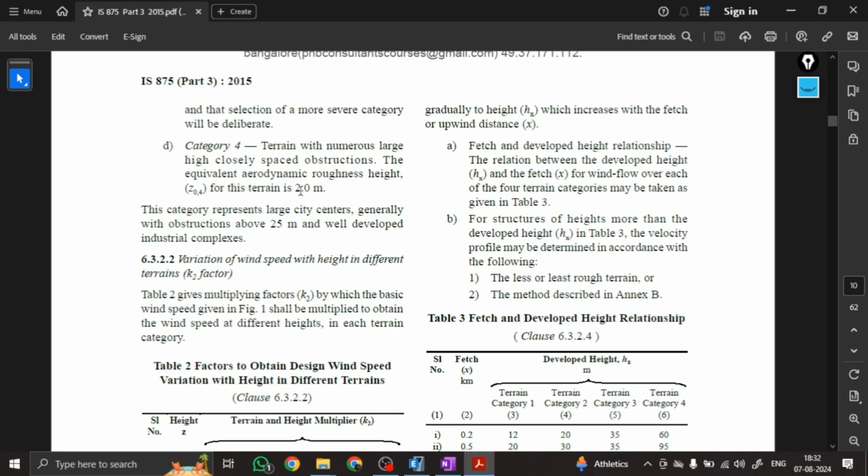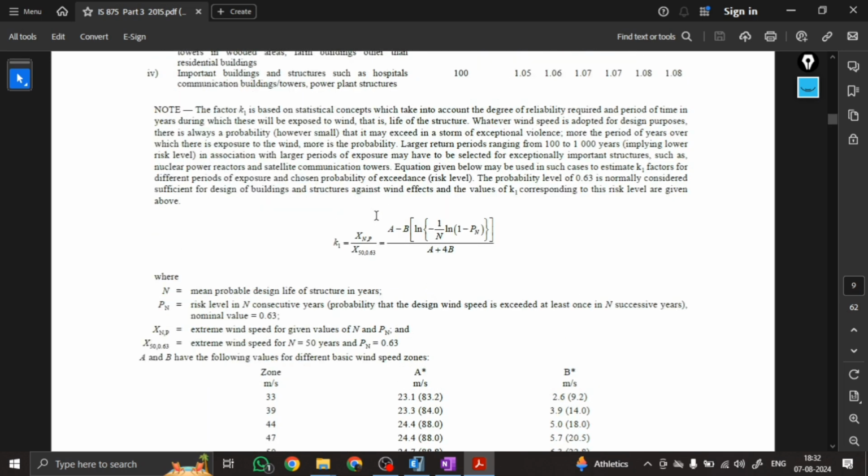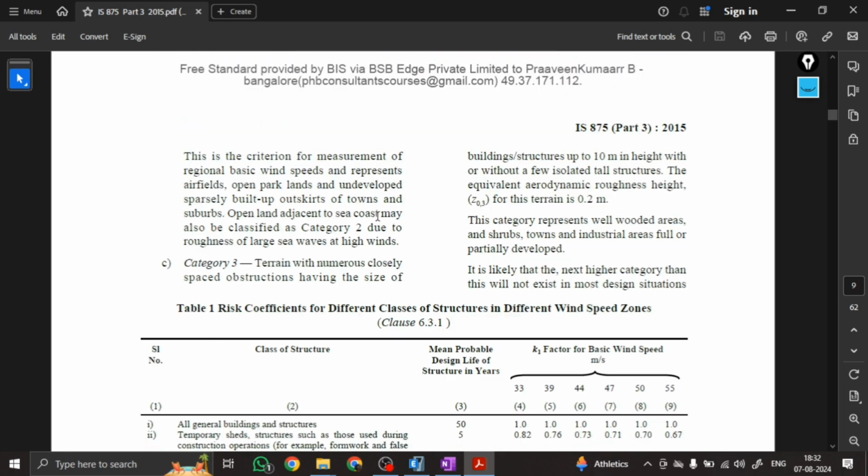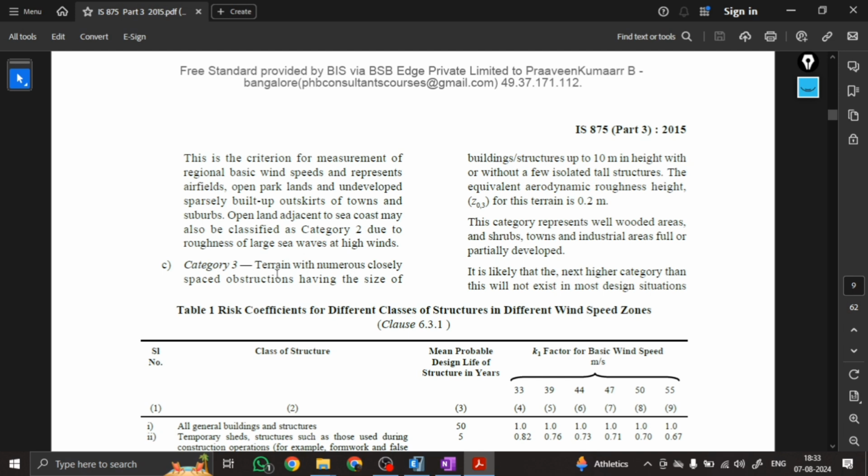Okay, this is our category 4, but ours is in the Bangalore region and we fall in category 3, because it is terrain with numerous closely spaced obstructions having the size of building structures up to 10 meter height, with or without a few isolated tall structures. This category represents well wooded areas and suburbs, towns and industrial areas fully or partially developed. Ours is partially developed, so we are taking category 3.